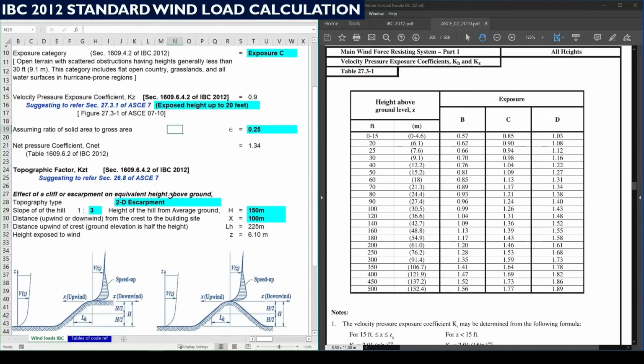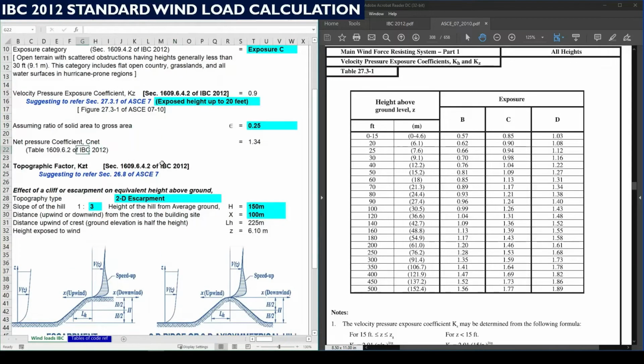Next one is we need to find out the topography factor Kzt. But before that, we need to find out the net pressure coefficient Cnet. This is as per table 1609.6.2 of IBC 2012.